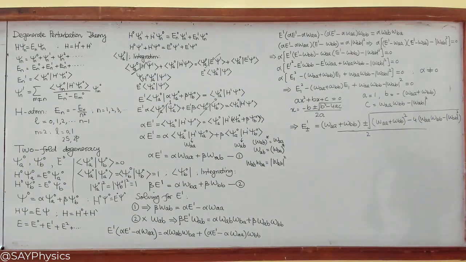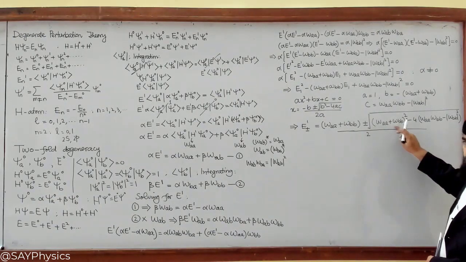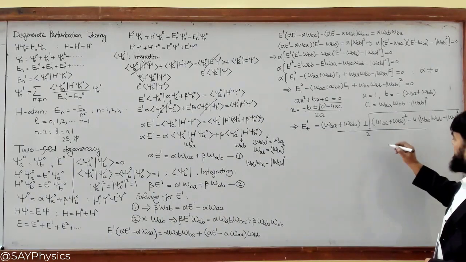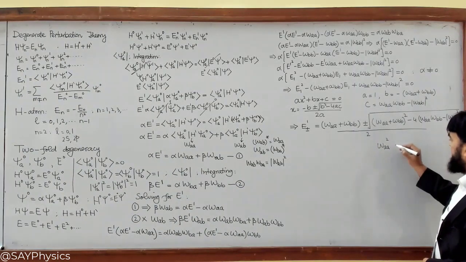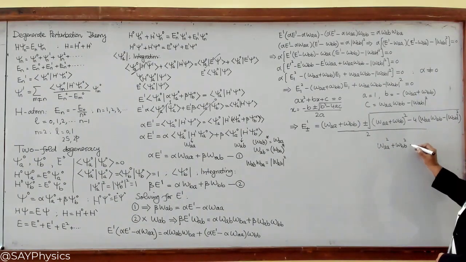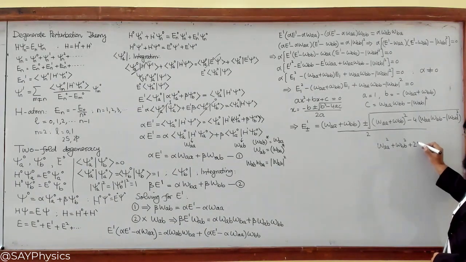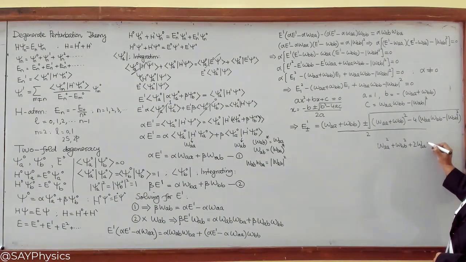And now I can further simplify this one. What about this value? This value will become WAA squared plus WBB squared plus 2 WAA WBB.